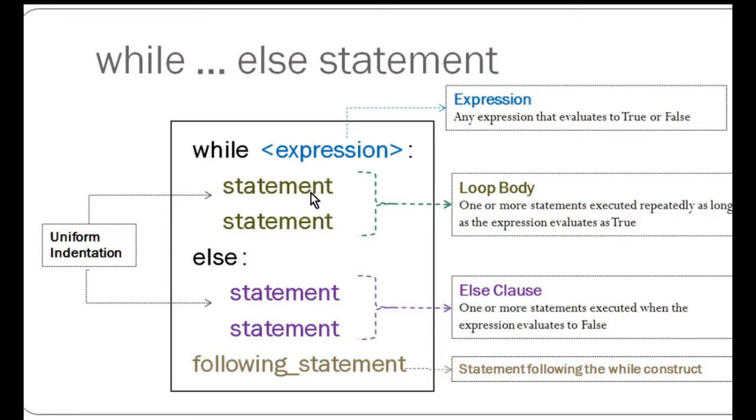This loop body, one or more statements, will be executed repeatedly as long as this expression evaluates as true. The statements given after the else colon will be executed when this expression evaluates to false. Once these statements are executed, control will go to the next statement following the while loop.